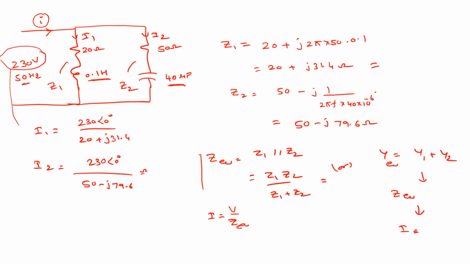These are in amperes, and I equals I1 plus I2, the phasor sum, which gives you the I value. There is no unique method; several approaches are there. Based on your computational time and speed, you can select one method. So tell me, what is the value of I?